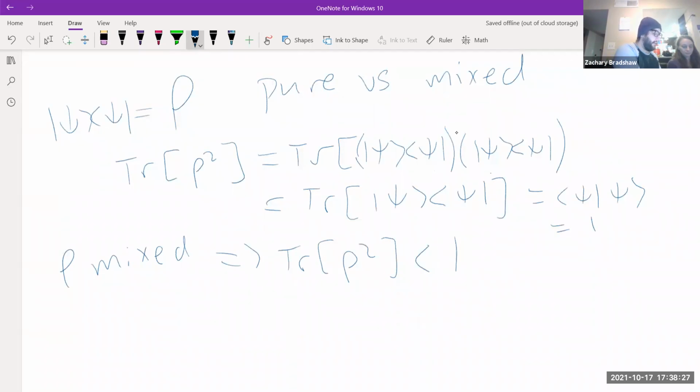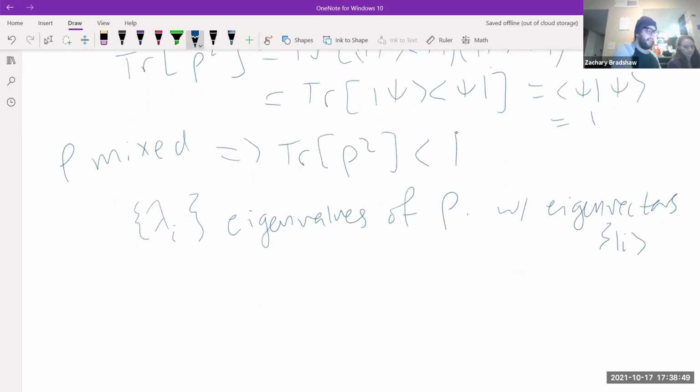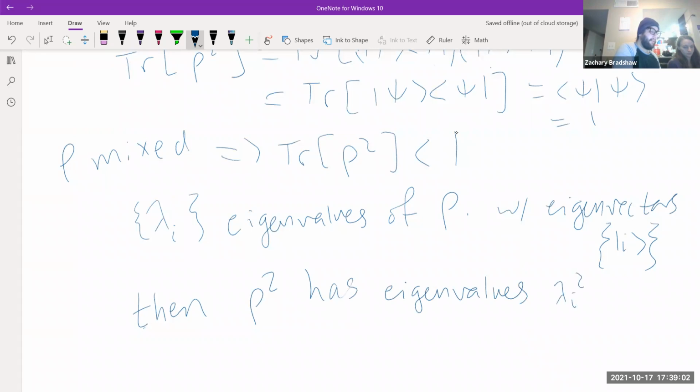So if the lambda I are all eigenvalues of rho, let's say they have eigenvectors |I>, so that's another list, then rho squared has eigenvalues lambda I squared. So the proof of that's simple.